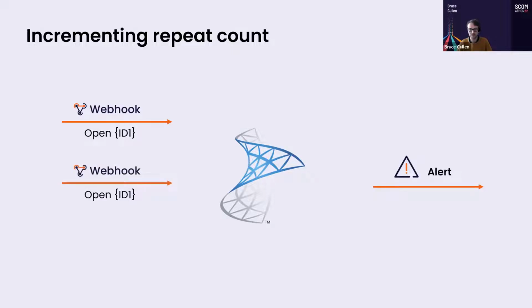If we receive the same open type alert with the same ID, we'll literally just increment the alert's repeat count as opposed to adding an additional alert, just as SCOM does natively. Now, all of these features can be used in conjunction with each other, which means you can also then close it off as long as there is an identifier on the webhook that closes it off, and not have to touch that alert at all, which is really awesome.